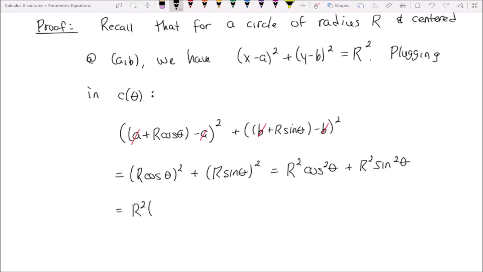Factor out an r squared. Left with cosine squared plus sine squared. But cosine squared plus sine squared is 1. So we get that this equals r squared, which is what we wanted it to equal.